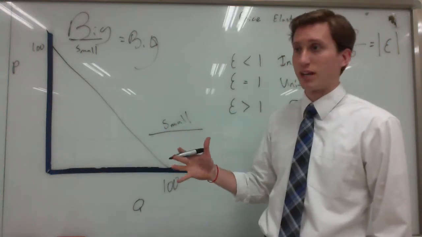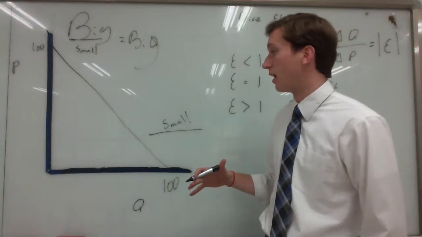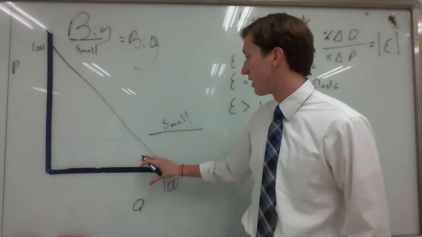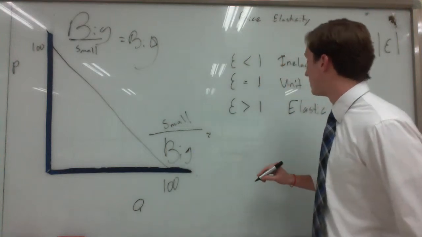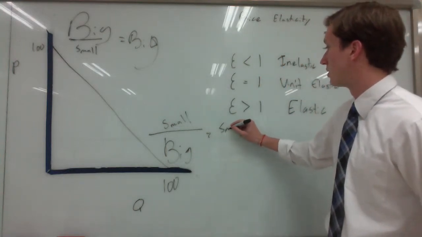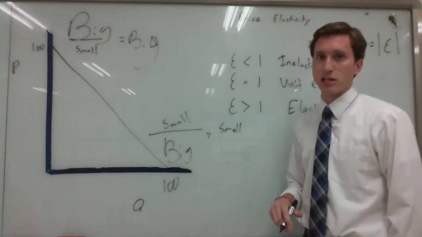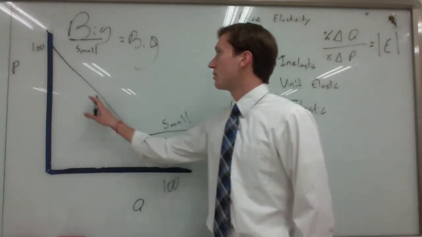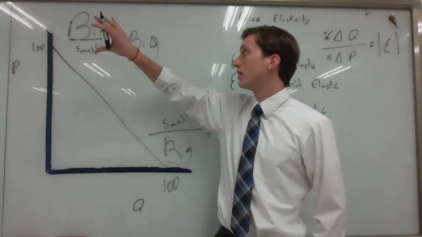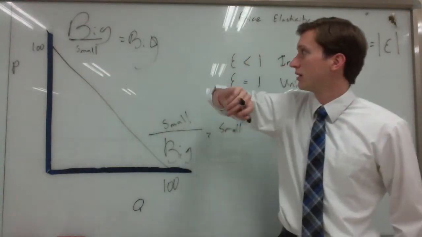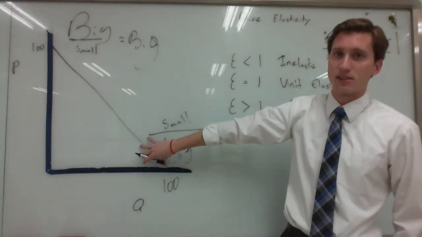That's a 200% gain, or loss, I guess, down in this area. So this would be a very, very big number, which would mean a very small elasticity coefficient. The same slope can have different sections having more elastic or more inelastic.